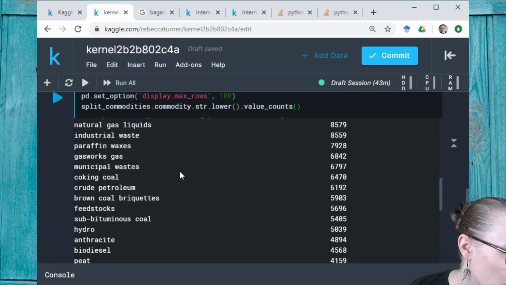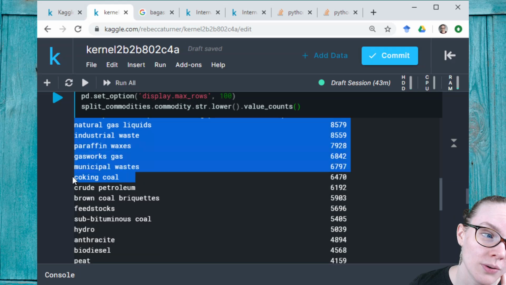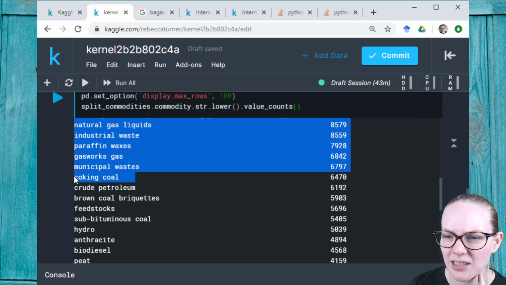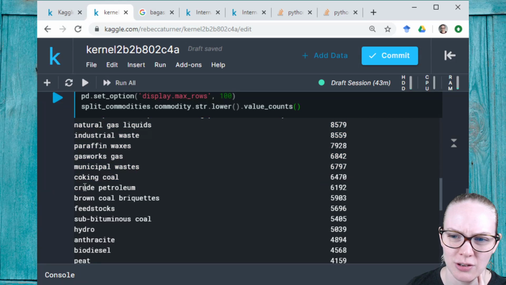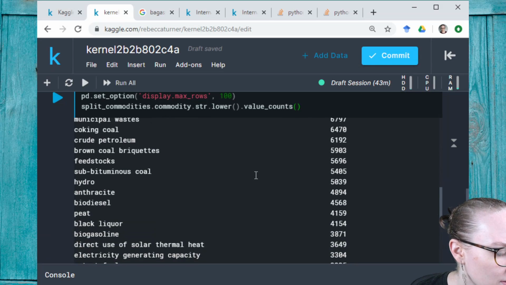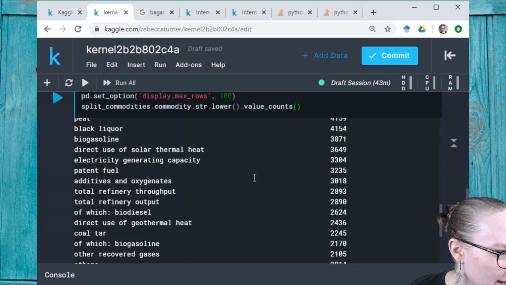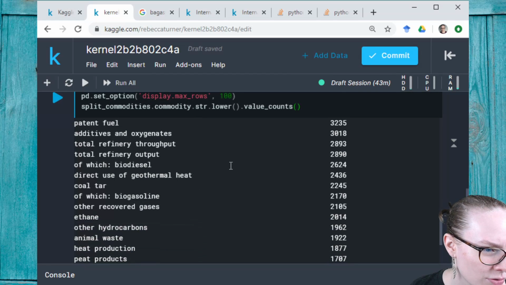Paraffin waxes, cooking coal, coking coal. It probably is supposed to be coking. It's probably not supposed to be cooking. I don't think you should cook with coal. Anthracite, biodiesel, peat, black liquor. Total refinery throughput, total refinery output, of which biodiesel.